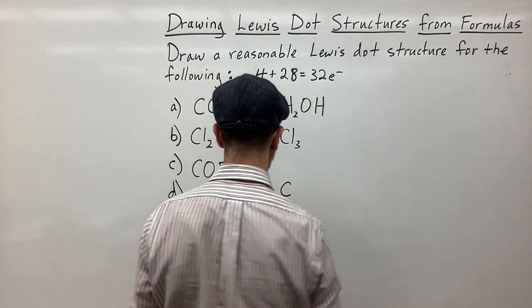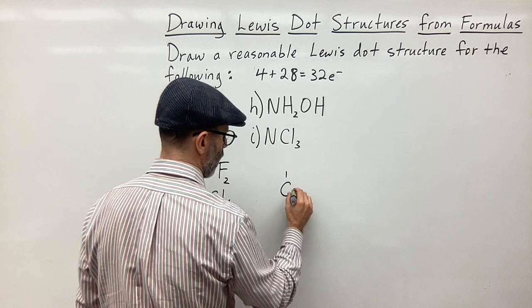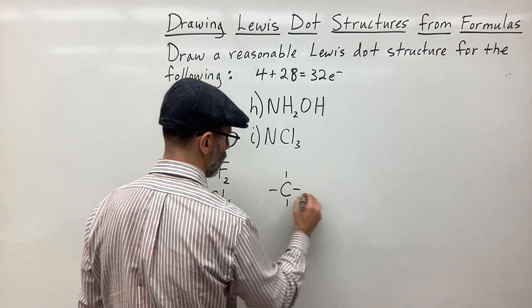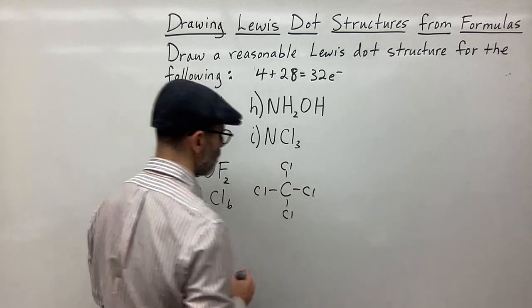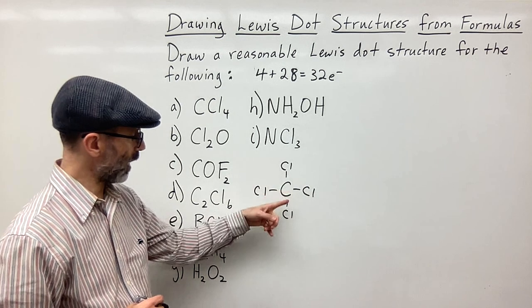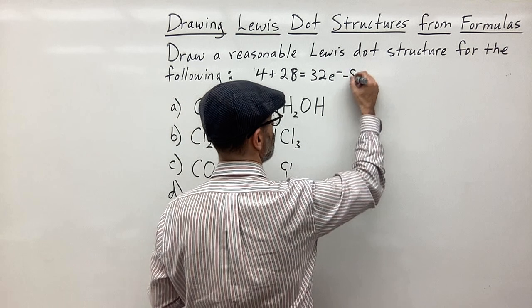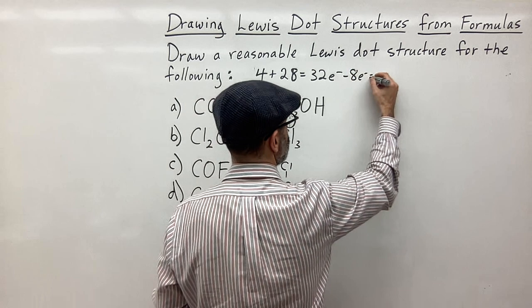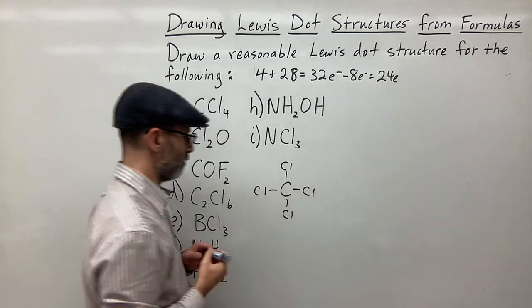So here, the carbon, and then I'm going to bond everything once to the carbon. So we have Cl, Cl, Cl, Cl. So there's my skeletal structure. I used 4 bonds, so it's 2 electrons per bond. So I'm going to subtract out 8 electrons, and so that gives me 24 electrons left.